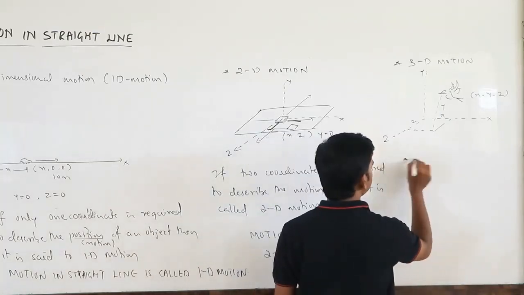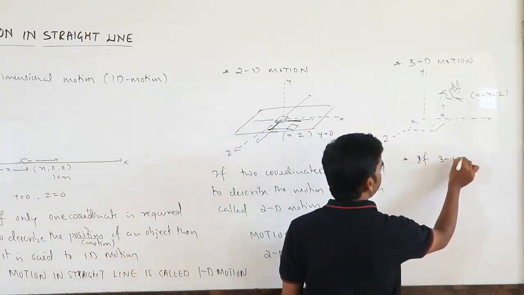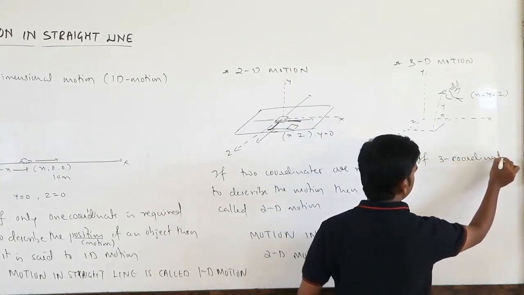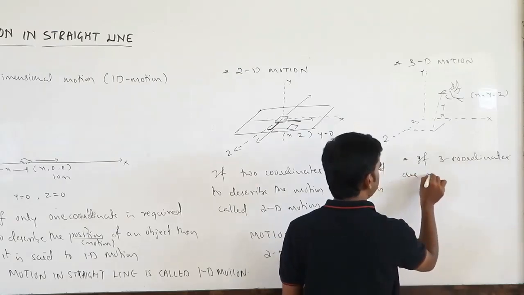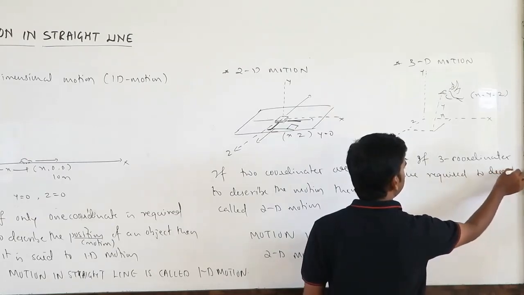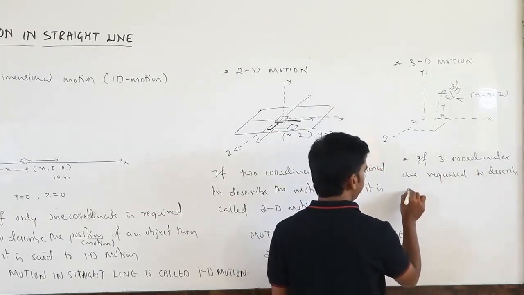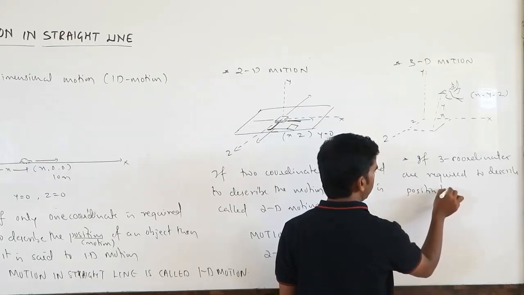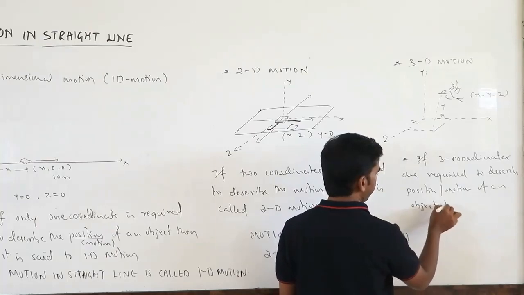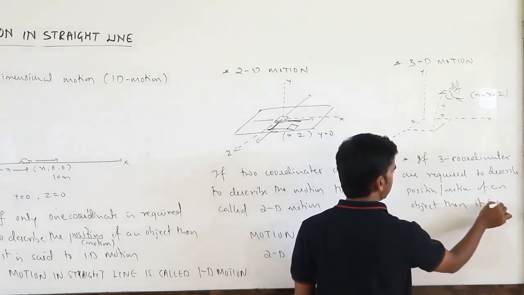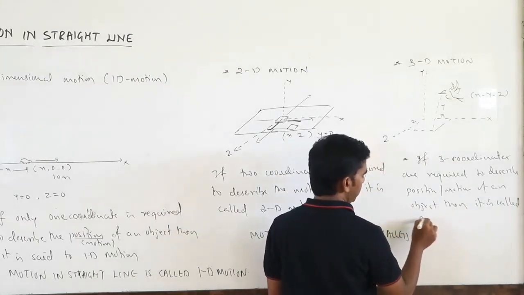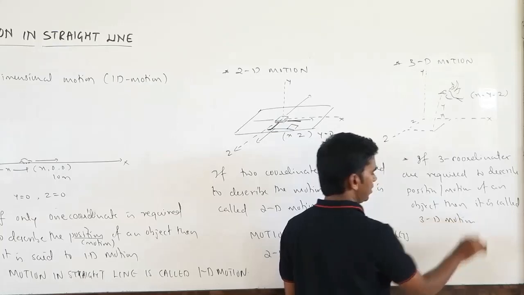Three coordinates. So if three coordinates are required to describe the position or motion of an object, then it is called 3D motion or three-dimensional motion.